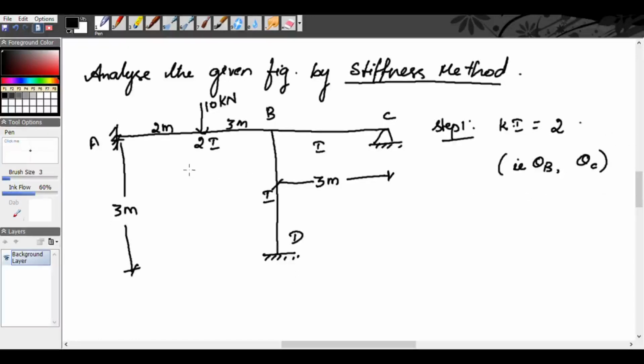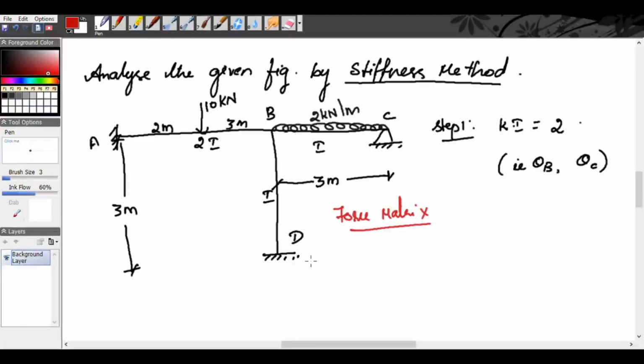For that, first of all we will find the force matrix. We have to find the fixed end moments, and there is also a load of 2 kilonewton per meter acting in span BC. When we are taking the fixed end moments, in AB and BC we have external loads.